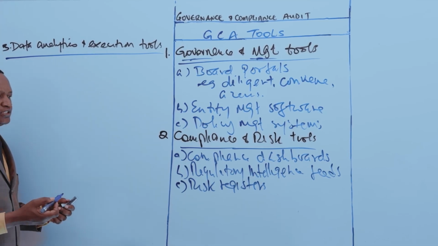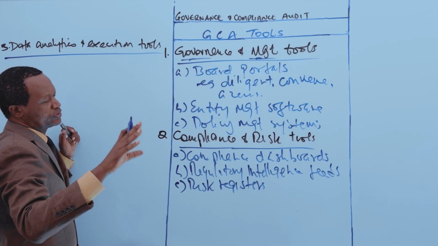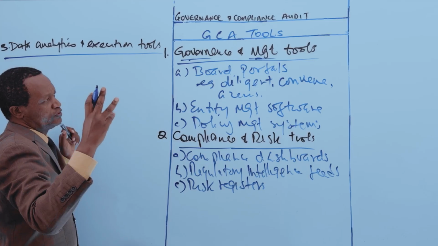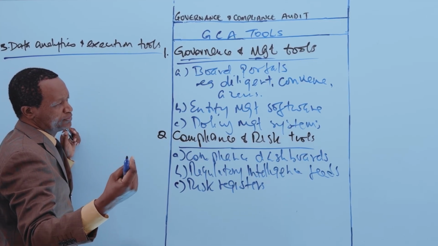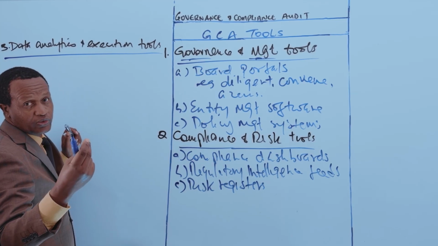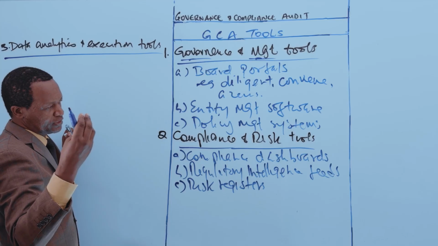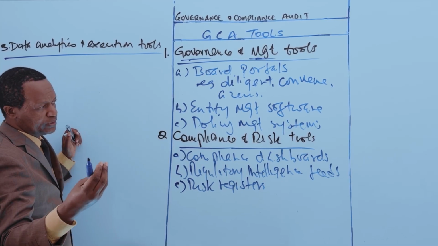As you recall, candidates, a governance and compliance audit has four key phases. One is planning and risk assessment. Number two is the field work or execution phase. Number three is the phase known as reporting and communication.